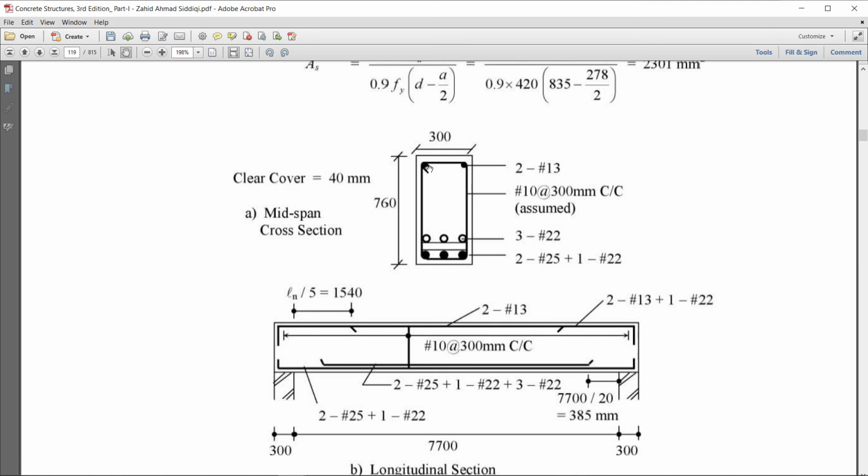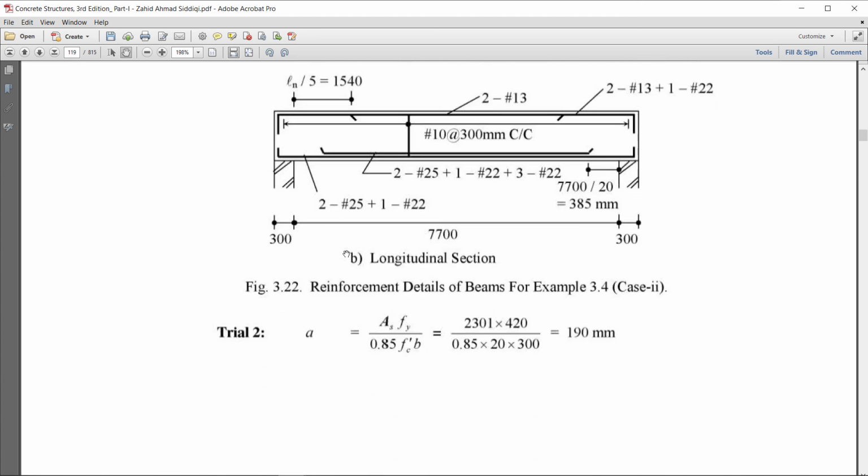And for the hanger bars you can use either 2 number 10 or number 13, either. That is not important in the singly reinforced beam. The top bars are important in the doubly reinforced beam. That is our next topic. That is the second question statement.